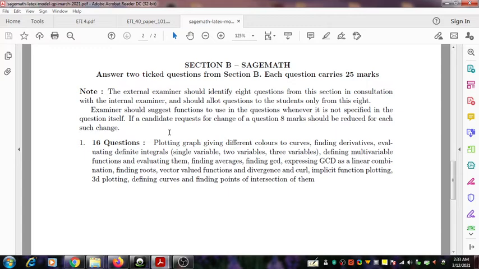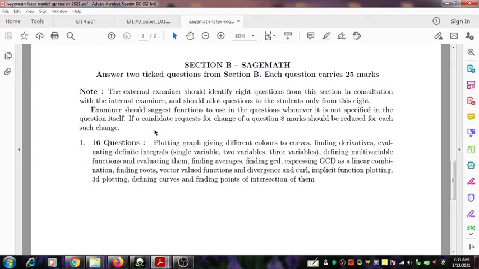The examiner should suggest functions to use in the questions whenever they are not specified in the question itself. In some questions, some mention about functions will be there, but the function may not be directly given. In such a situation, the examiner can select one.